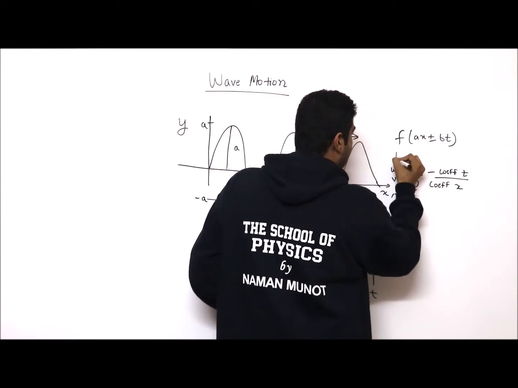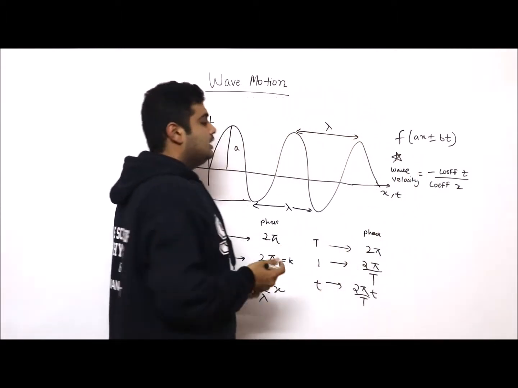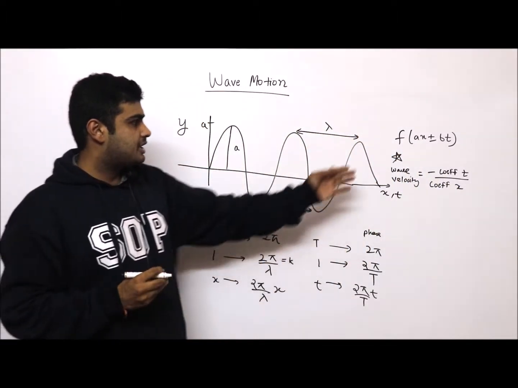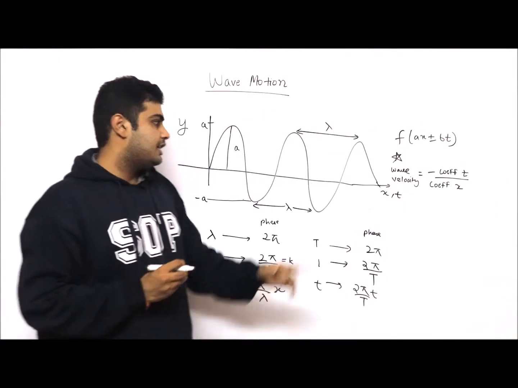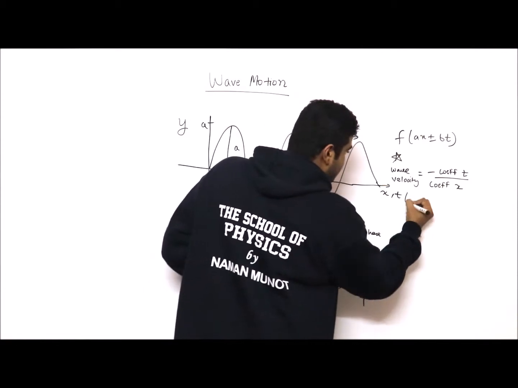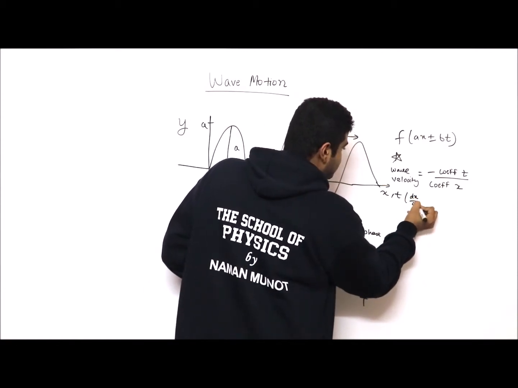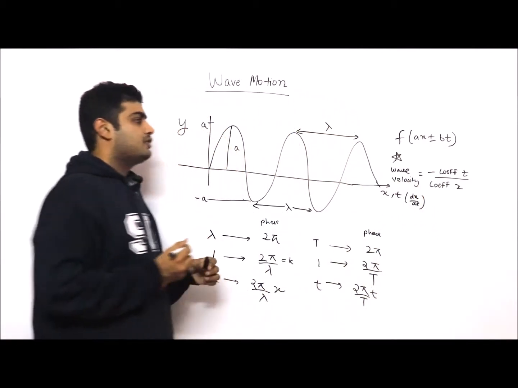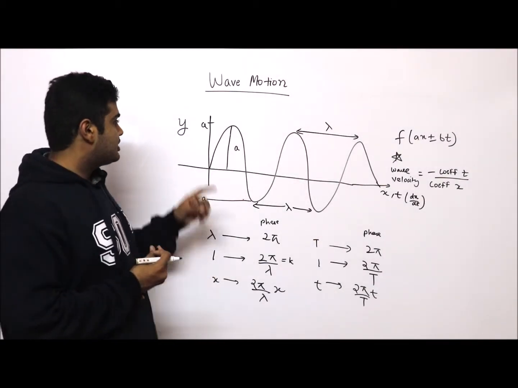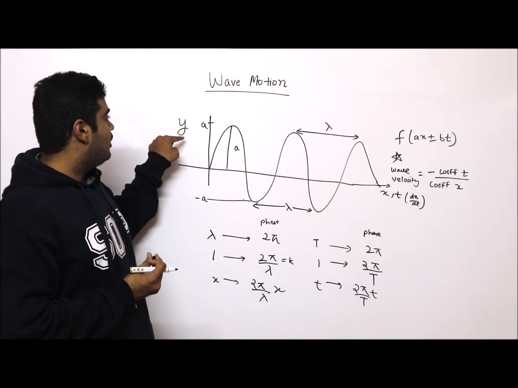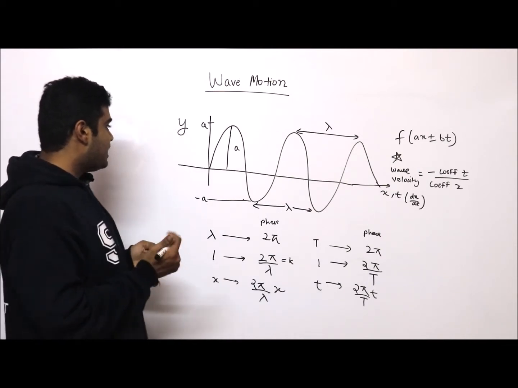This is a very important formula for any function (ax plus minus bt) given as the wave equation. The wave velocity, written as dx by dt, is equal to negative of coefficient of time upon coefficient of x. Now what is the comparison with the particle velocity? So what is the particle velocity?